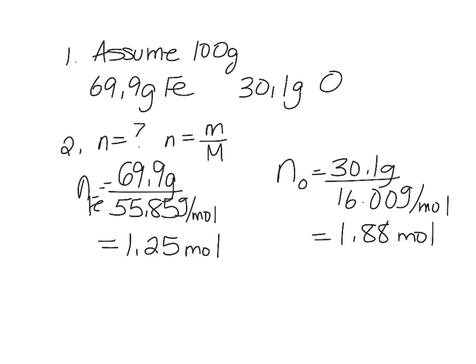You divide by the smallest number, so this would be 1.25. The one that you're dividing will end up being 1.